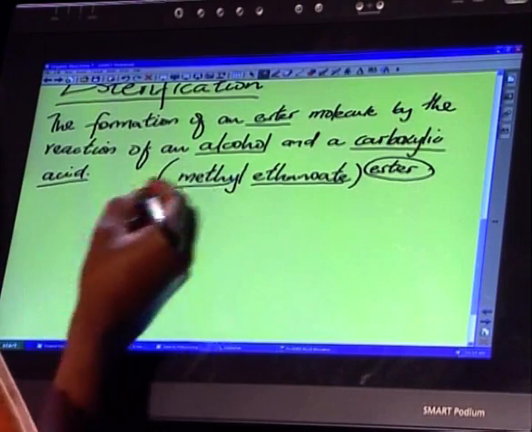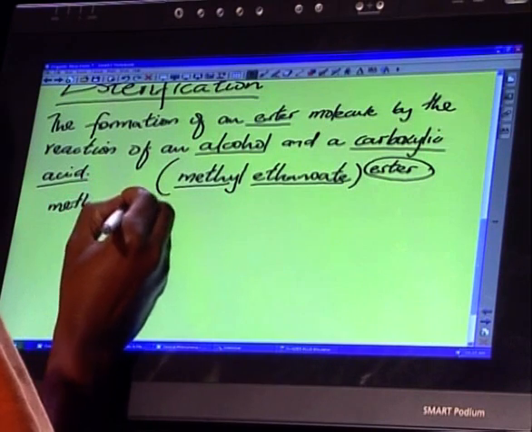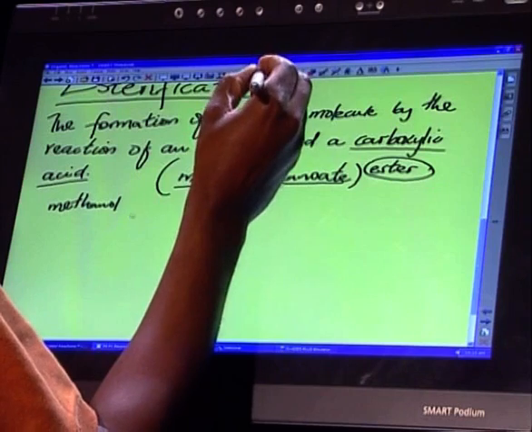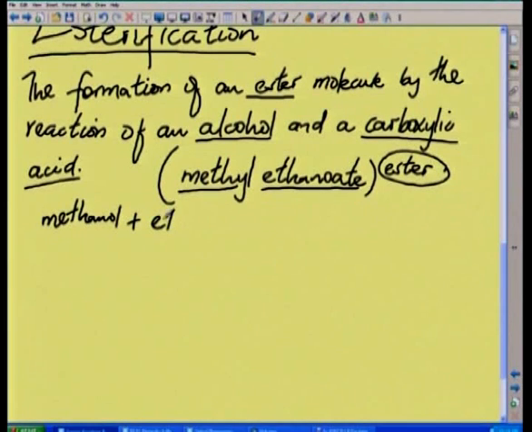In other words, the "oate" part is the part of the acid, and the alkyl part is the part of the alcohol. So methyl will mean you had methanol reacting with ethanoic acid, and then you formed this methyl ethanoate.